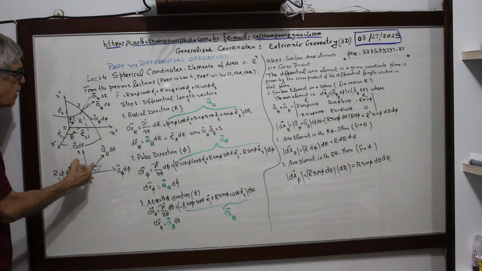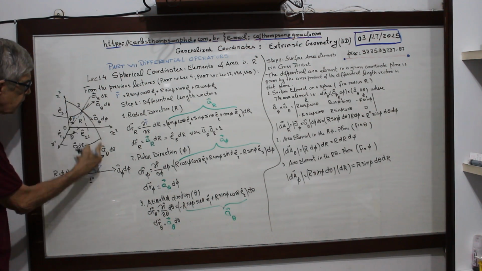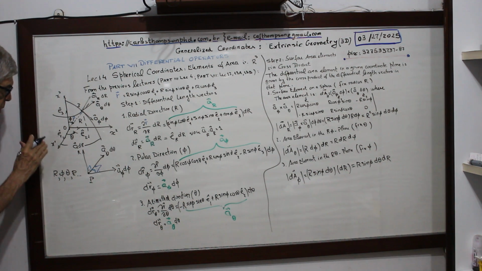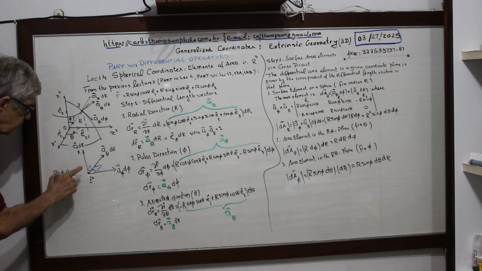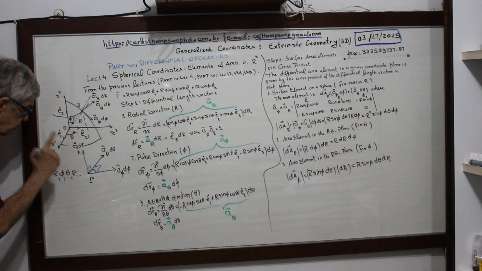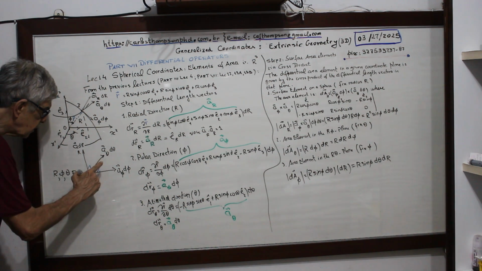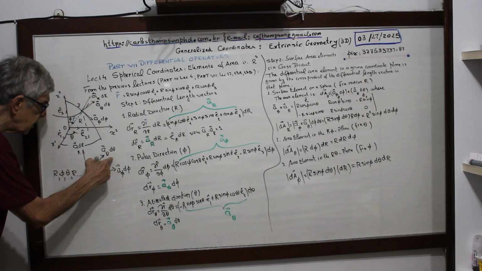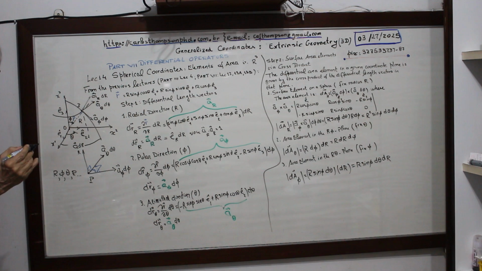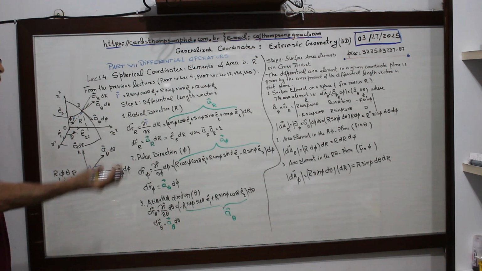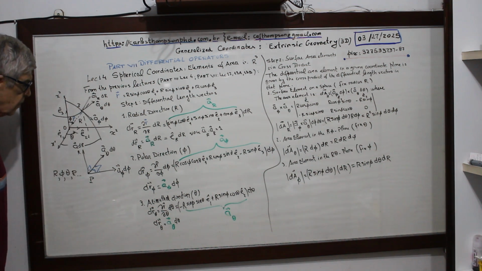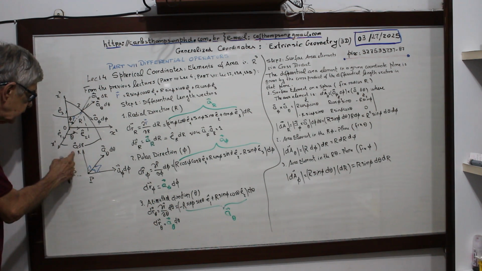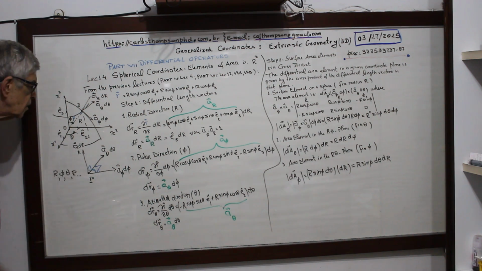A phi d phi is a tangent vector in the phi direction. Remember that the basis vectors A R, A phi, A theta are orthogonal, as we showed in the previous video. Likewise, the elements are also orthogonal.